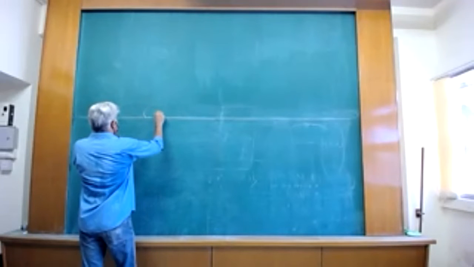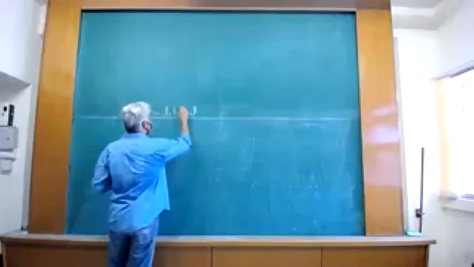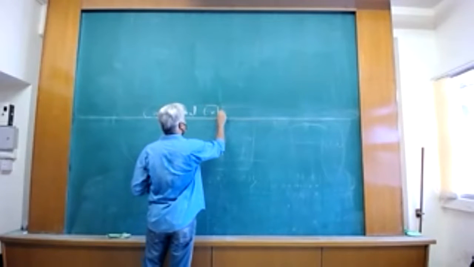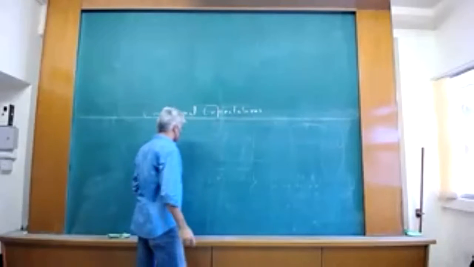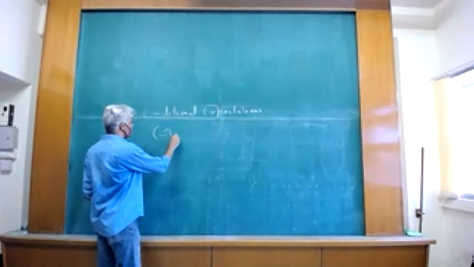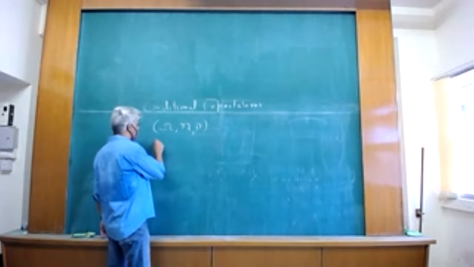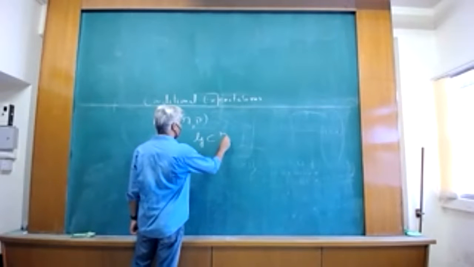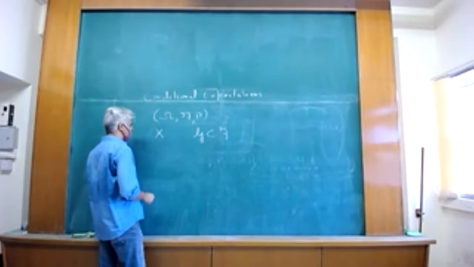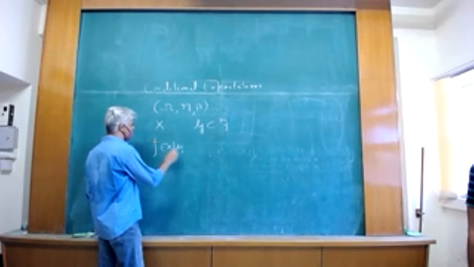Okay, so let's go on to conditional expectations. We know we're given the space, you have P. You have a sub sigma algebra G, and X is G measurable.